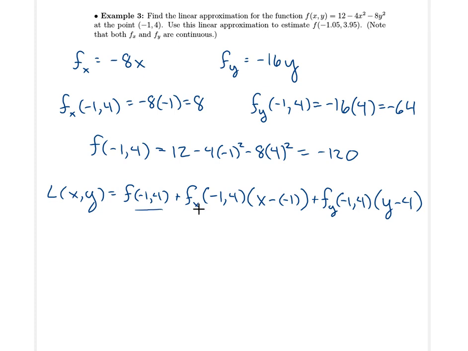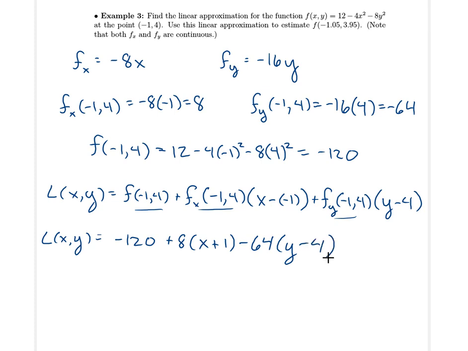But we know these three things, so we can plug those in. So my linear approximation formula is going to be negative 120 plus 8 times x plus 1, and then minus 64 times y minus 4. Okay, and I'm just going to leave it there for now. I know I could simplify things a little bit, but this is actually in a pretty good position for me to be able to demonstrate what's happening here.